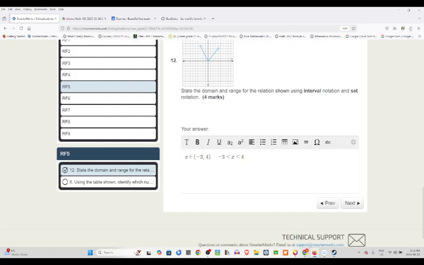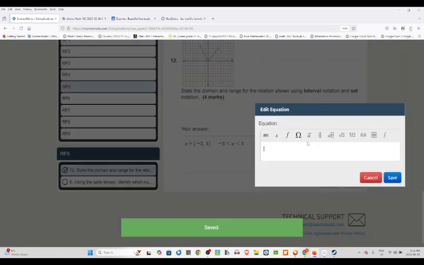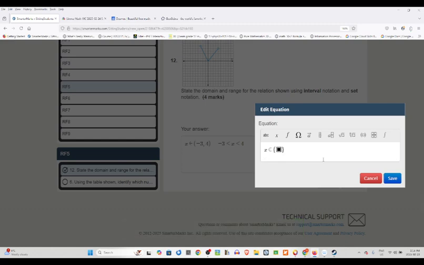For our set notation, so x is a member of the set, which includes x such that, right, I don't want the full absolute value. No, I don't want that either. Let me check my brackets list.